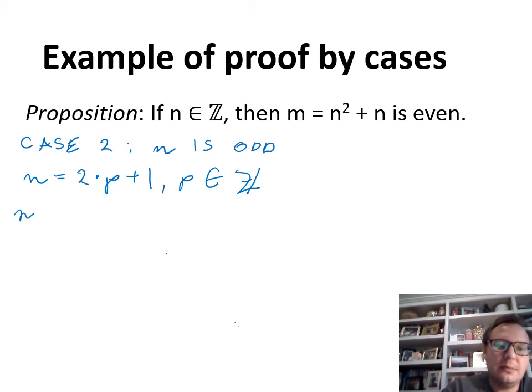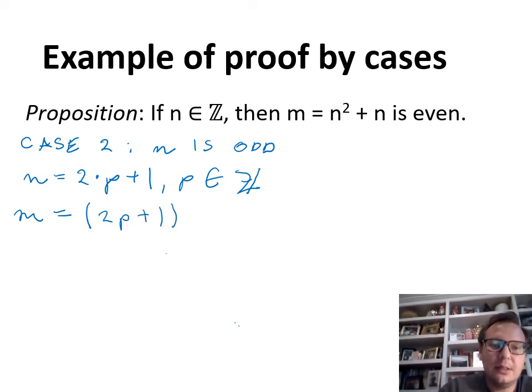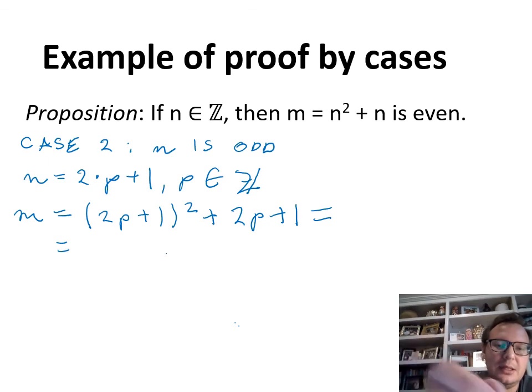So m is going to be equal to (2p plus 1) squared plus 2p plus 1. Okay, so we'll have to expand this now. So remember how you do the square of parentheses.